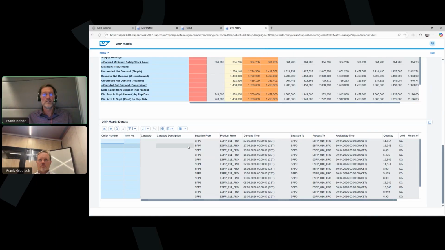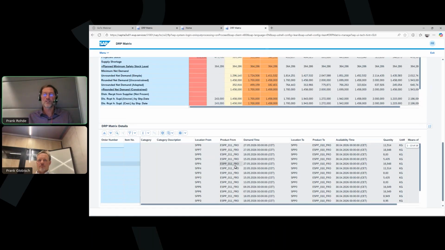On this location, we have a demand of 11.5 pieces for this product that cannot be fulfilled because we don't have enough repair capacity. Therefore, we will deliver out of the overall demand on that location, 11.5, I would say rounded to 12 pieces of the new product instead of the remanufactured product. So that is what the system is doing out of the box just by maintaining this remanufacturing supersession.